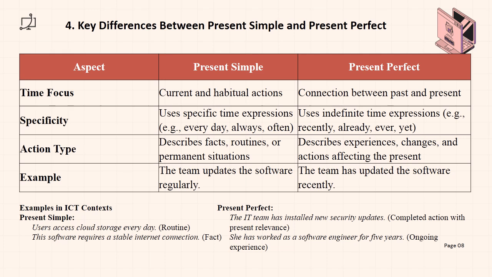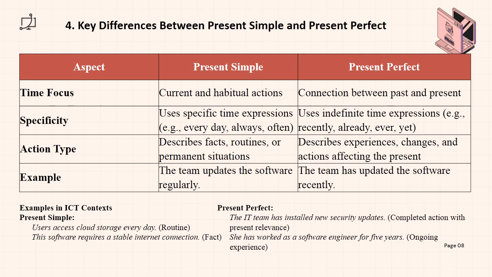The specificity of time: for the present simple, we use time expressions like every day, or frequency expressions like always, often, occasionally, rarely, and so on. However, with the present perfect, we use expressions like recently, already, ever, yet, or just.